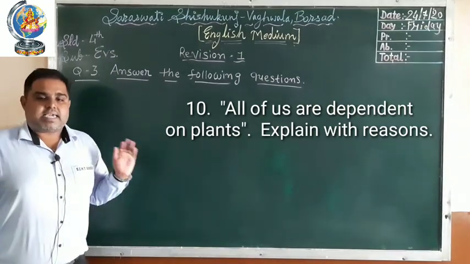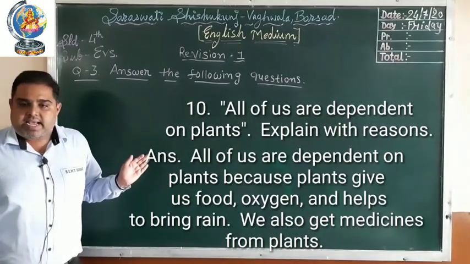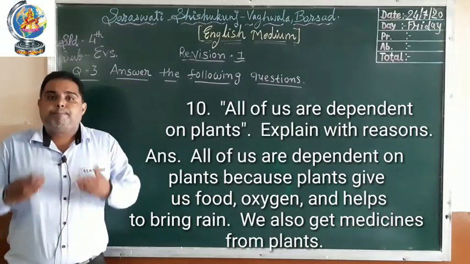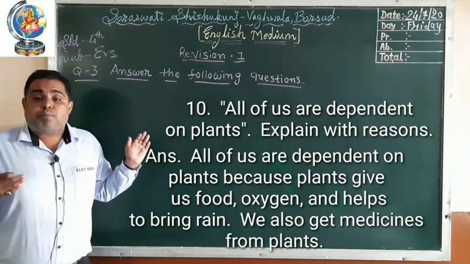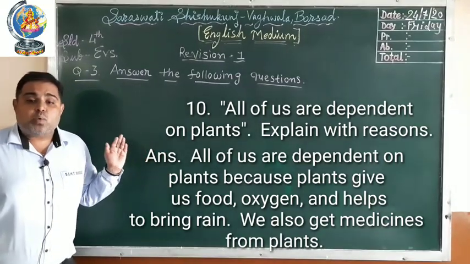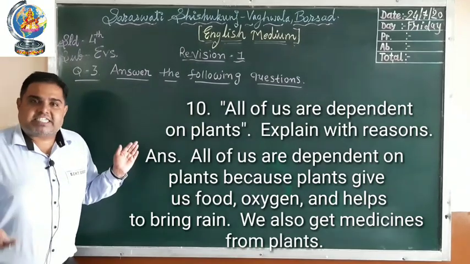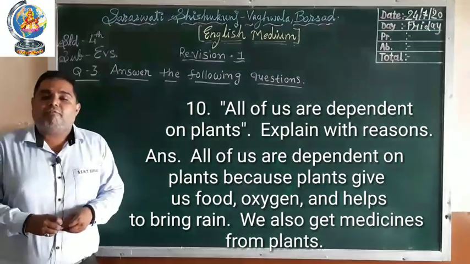So the answer is that all of us, meaning human beings, are dependent on plants. Because for which things do we depend on plants? Because plants give us food. We eat fruits and vegetables from plants. So plants give us food.